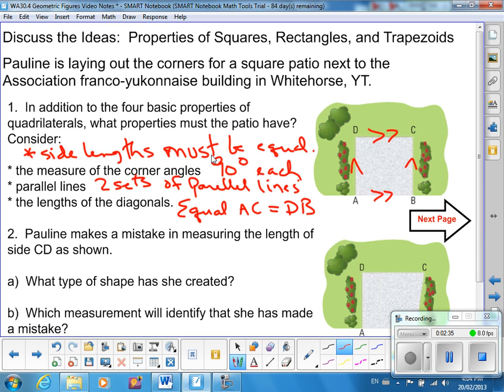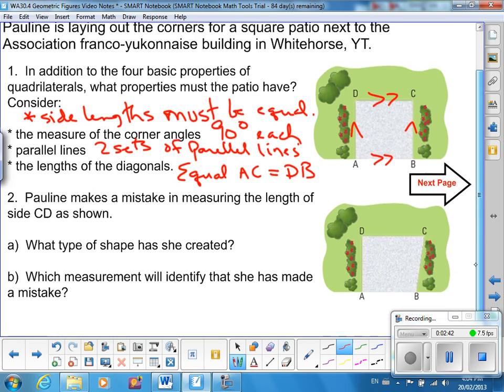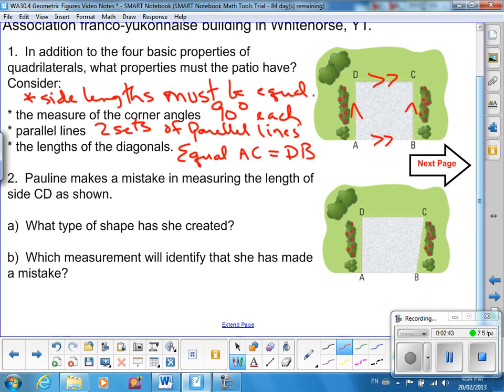Well, Pauline makes a mistake in measuring the length of side CD as shown. What shape has she created? Well, we actually have this side, and this side is still parallel, but the other side is not. So she's actually created a trapezoid, which has one set of parallel lines.